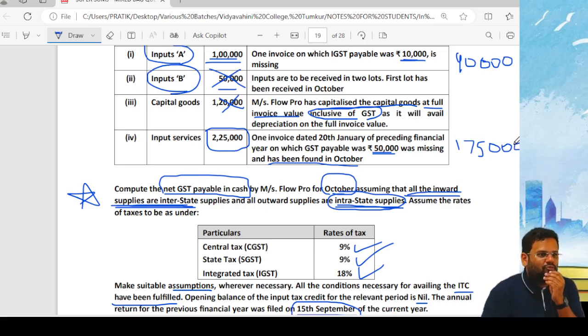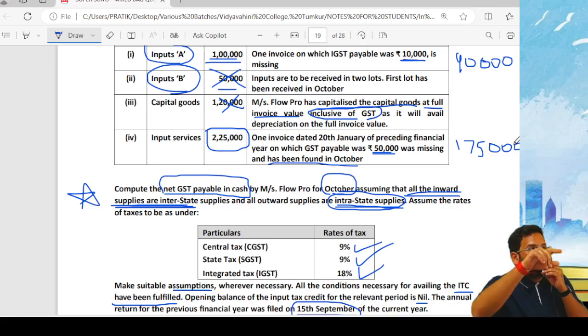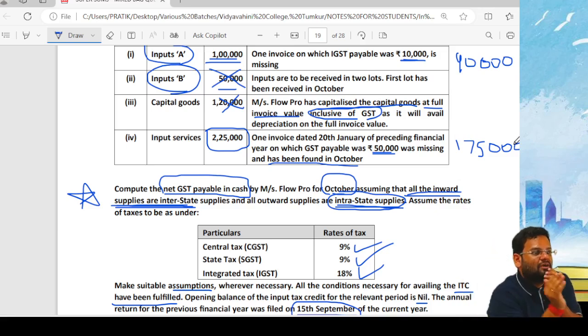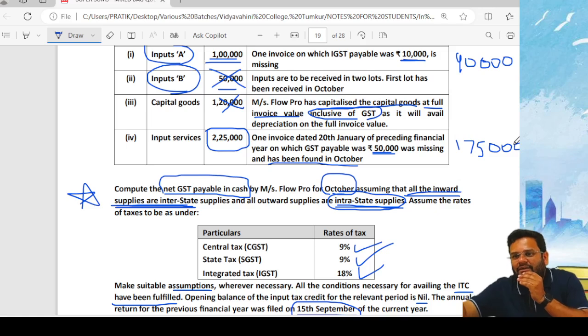Suppose this was October 2024, for which we are doing the calculation. Then the invoice was of Jan 2024, because for October 24, the last financial year ended 31st March 24, so the last financial year is 23-24. So it was an invoice of 23-24.